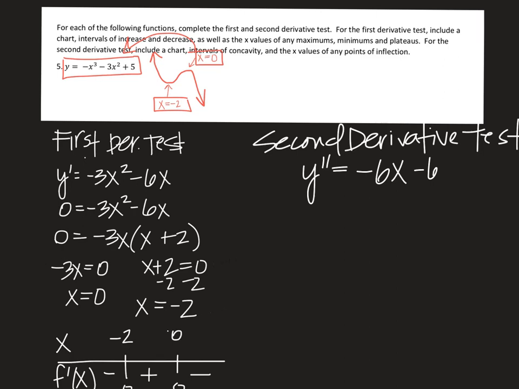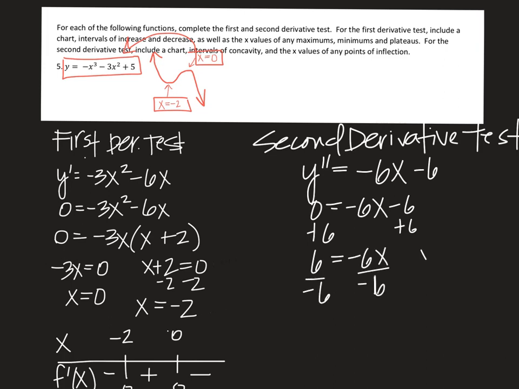From here, the process is exactly the same. I'm going to set it equal to 0 and solve. So add 6 to both sides. I'll get 6 is equal to -6x, and dividing both sides by -6, I'll get x is equal to -1. That's the only value I get in this case.